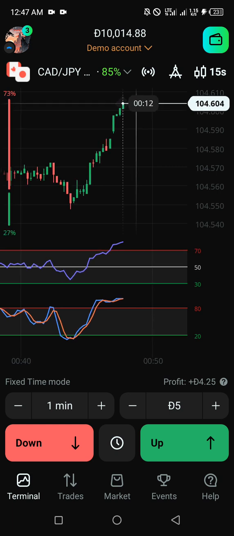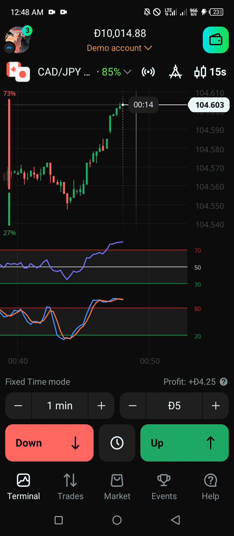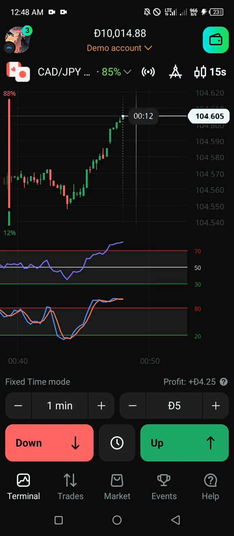That of the RSI is much similar, but a trader has to get used to the different trade durations to be able to know when to adjust the trade durations to fit the trade movement.